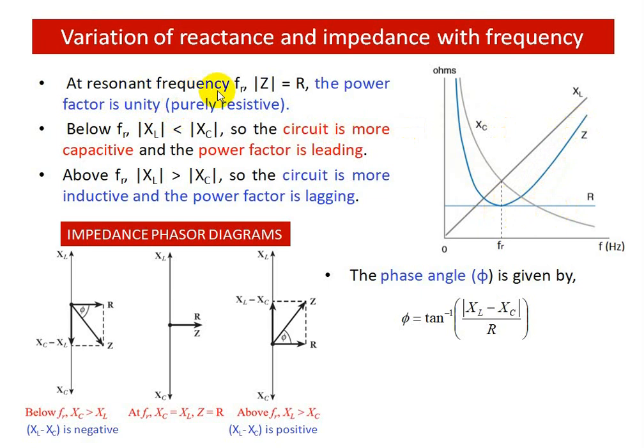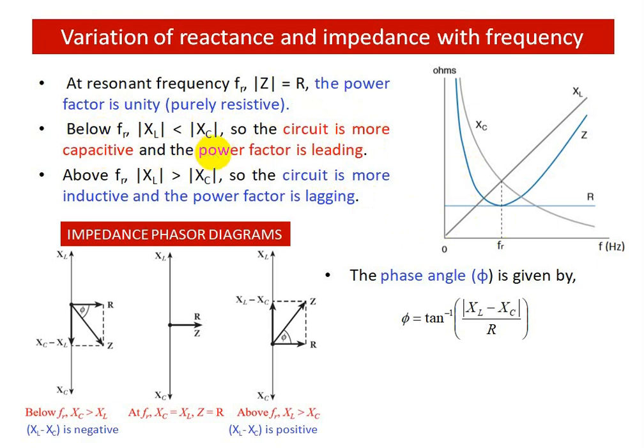So at resonant frequency, the magnitude of Z will be equal to the resistance of the circuit, and the power factor is unity. Circuit behaves like a pure resistive circuit. Below fR, XC is greater than XL. Therefore, since XC is greater than XL, the circuit will be more capacitive and the power factor is leading.